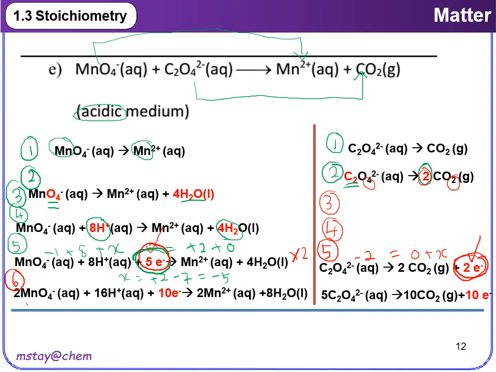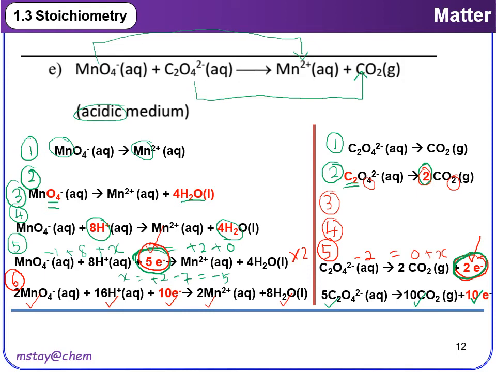Then I get 2MnO4, 16H plus, 10 electrons, 2Mn2 plus, and 8H2O. For the second half equation, because there are 2 electrons, we multiply with 5. So 5C2O4, 10CO2, and 10 electrons.